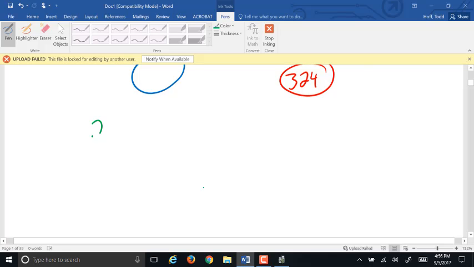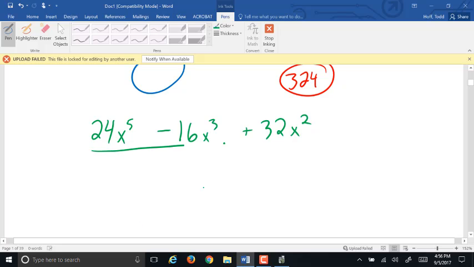We might have 24x to the 5th minus 16x to the 3rd plus 32x to the 2nd. And we'll be dividing by 4x.